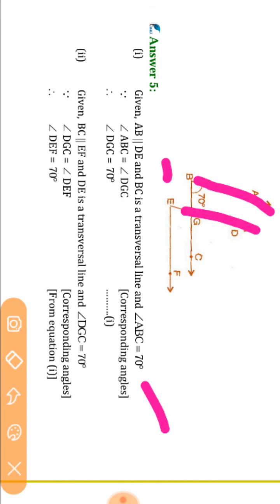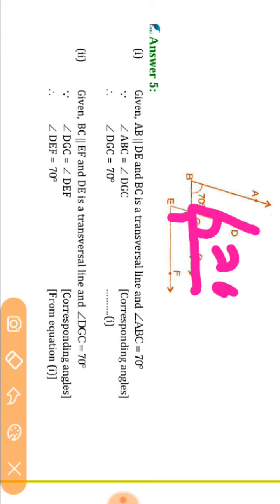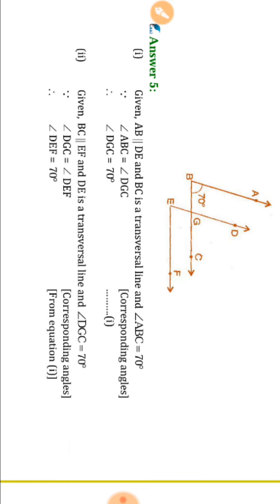ABC is equal to DGC because corresponding angles. Then automatically angle DGC is 70 degree. Then another condition, if you want to find this one, so already DGE is 70 degree we got. Then what about DEF? These are also corresponding angles, then automatically DEF is also 70 degree. So by the corresponding angles.